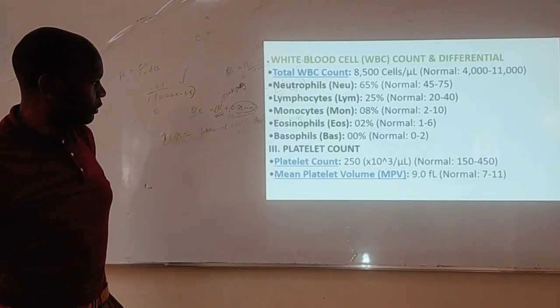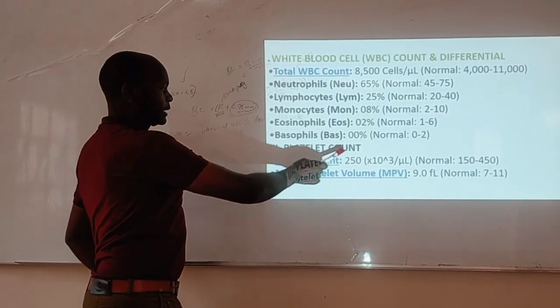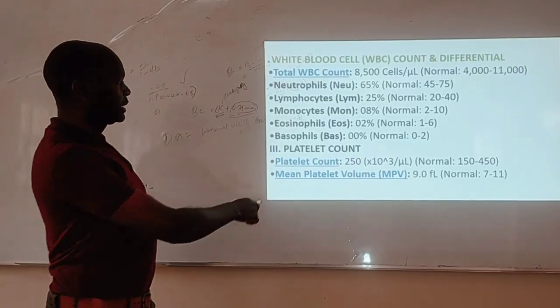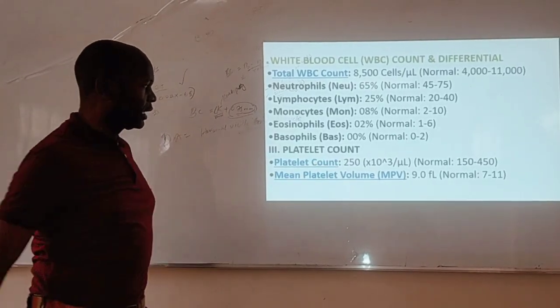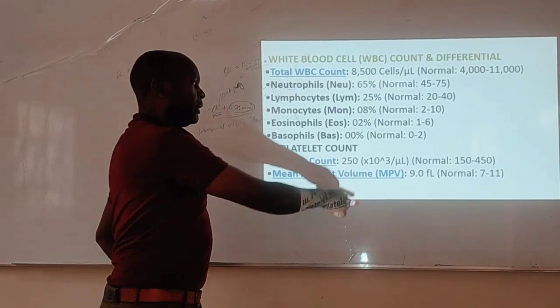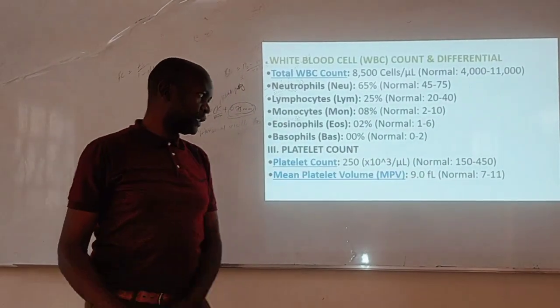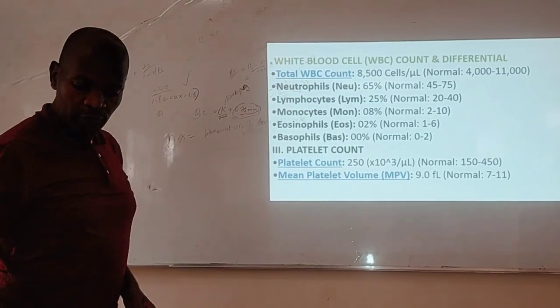When we talk about the platelets, we are saying that the platelet count is 250 times 10 raised to power 3 per microliter, and the normal range is 150 to 450.